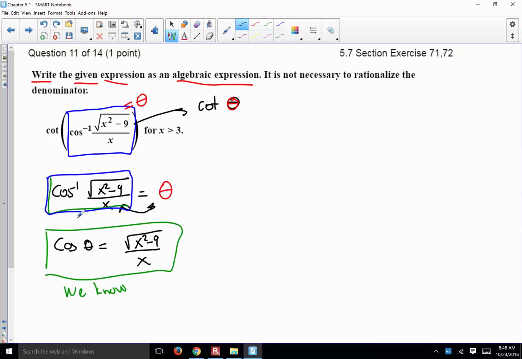So if you know cosine now, how can I get cotangent? The cotangent is actually cosine over sine. You know cosine. You need to get sine. You can get sine from this way.